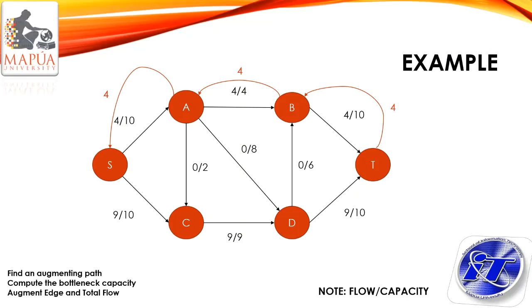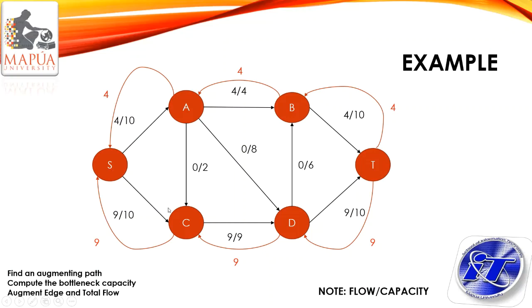So since out of 10, 9 is used, we have a reverse edge here, 9, same as here, 9, and 9 here. Okay, so we still have one capacity here not used between S and C. So let's look for a path for this capacity.